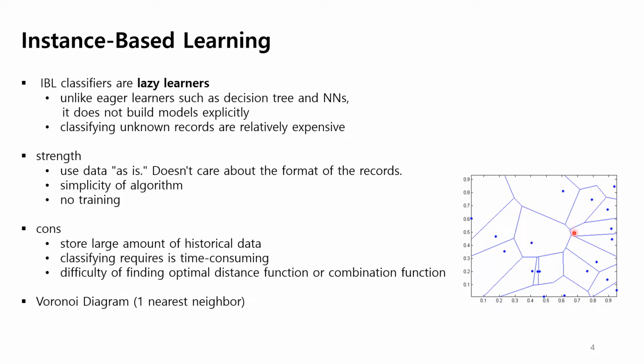If a new data falls in this other area, then its class value is the same as the class value of that one. You can draw a Voronoi diagram like this when the number of nearest neighbors is 1.